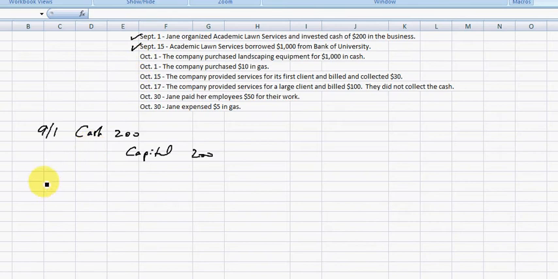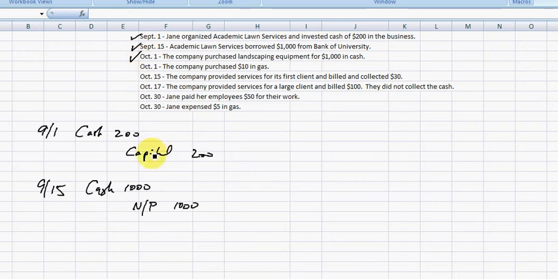Here on September 15th, Academic Lawn Services borrowed $1,000 from Bank of University. So the company now has $1,000 in cash and a new notes payable of $1,000 to the Bank of University.